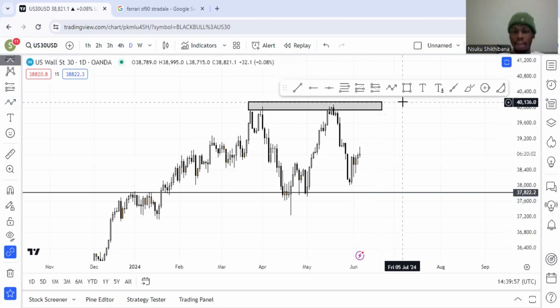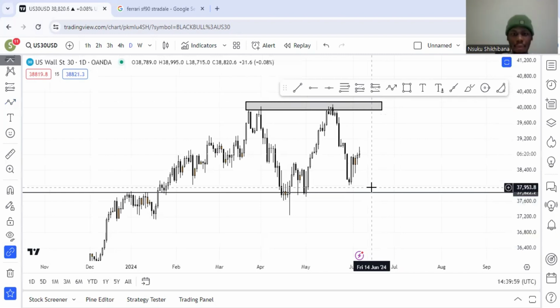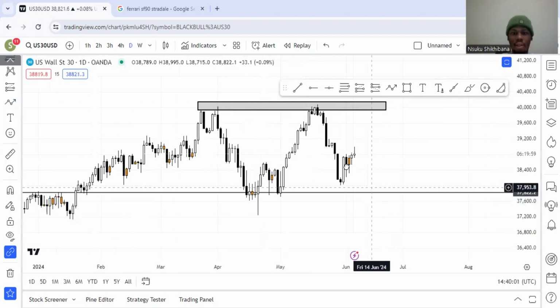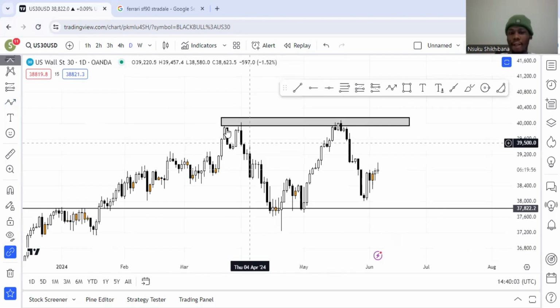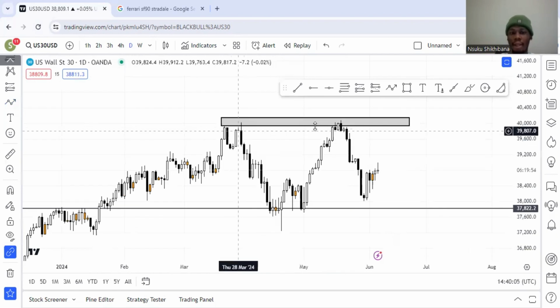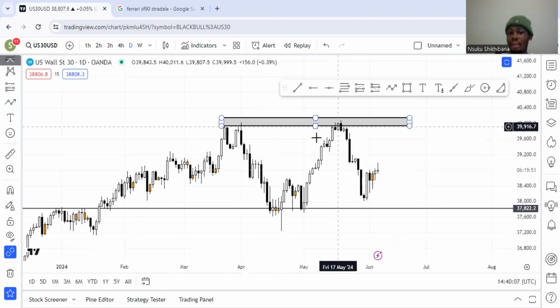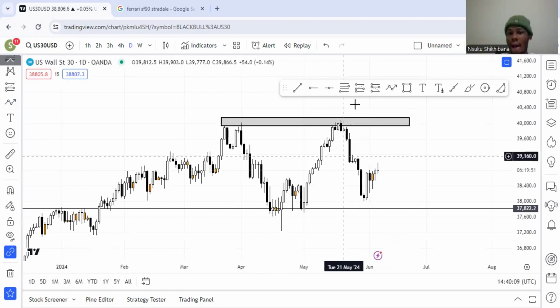So looking at this, what do we see on the daily chart? Price respected the zone by giving it three touches, meaning this is one of the major zones.